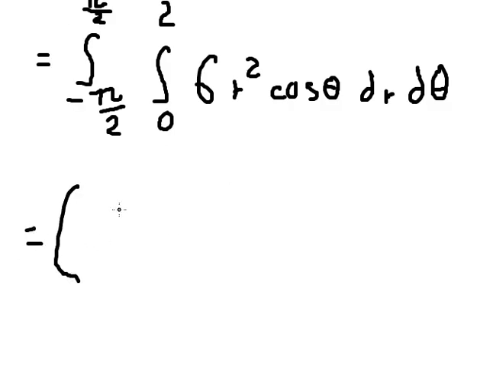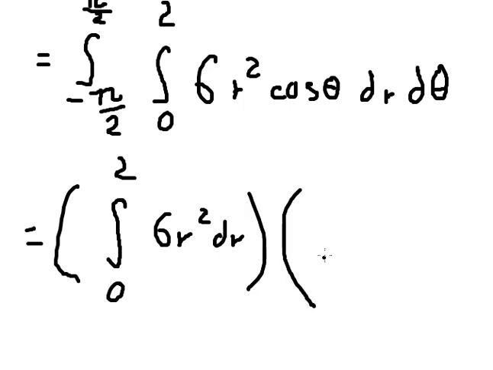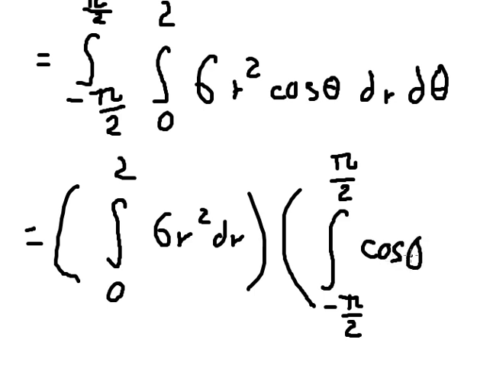So we have the integration from 0 to 2 of 6r squared dr. And now we have another integration from negative pi over 2 to positive pi over 2 of cosine theta d theta.